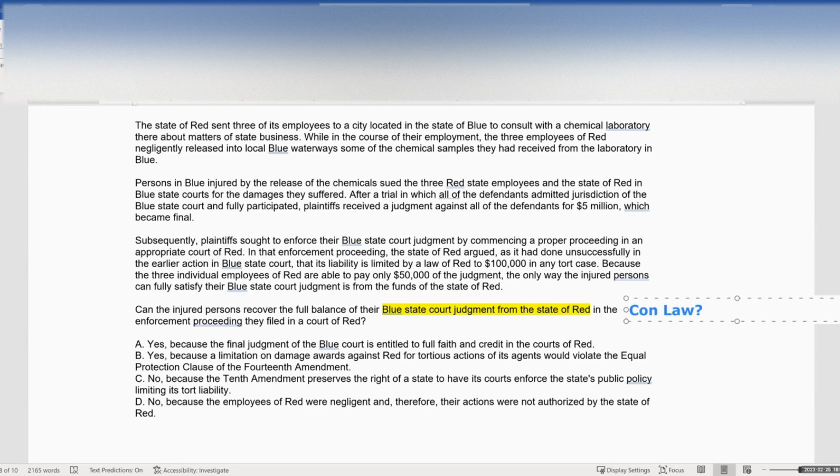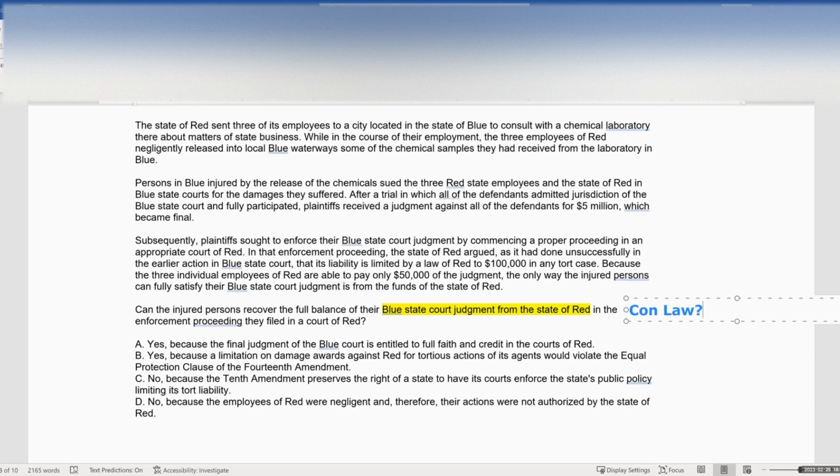Then at this point, if you have studied the conflict of law and this area of law, you would be thinking, because the call of the question is, can the injured parties recover the full balance of their blue state court judgment from the state of red in the enforcement proceeding they filed in a court of red?